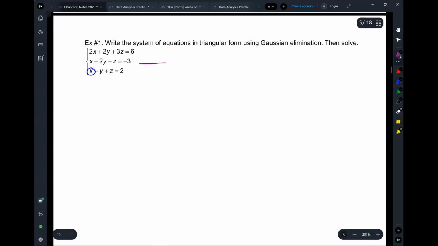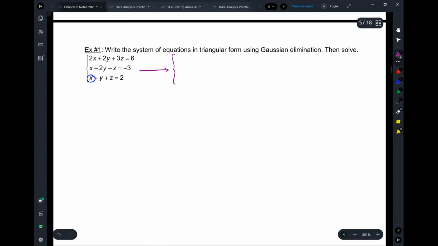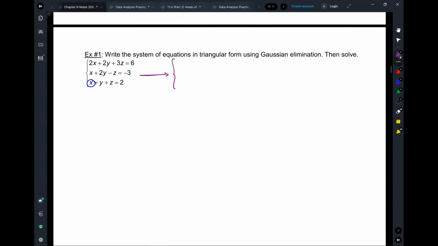I like to draw a little arrow like this, because now I'm going to change my equations. This is the one I want to get rid of. That's the row that's going to change.